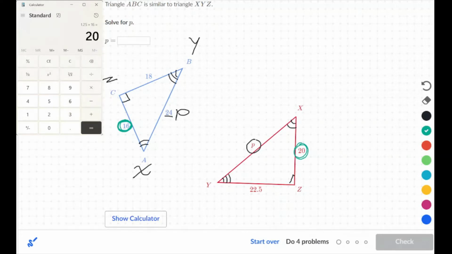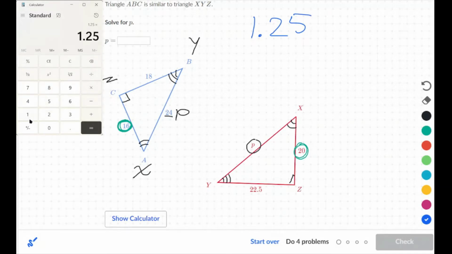So we know that our main number now is 1.25. Now we could just take 24 and multiply it by 1.25 to get P, but let's check it first. 22.5 divided by 18 equals 1.25 too.